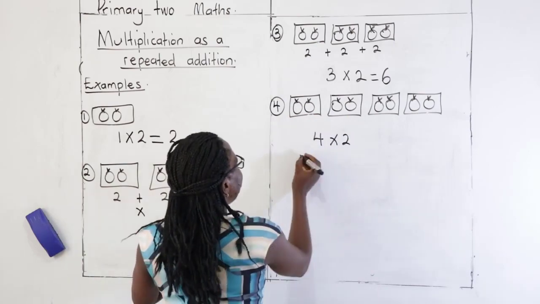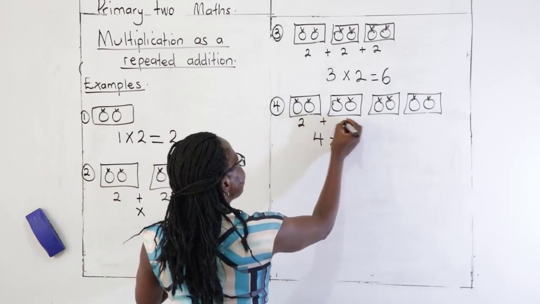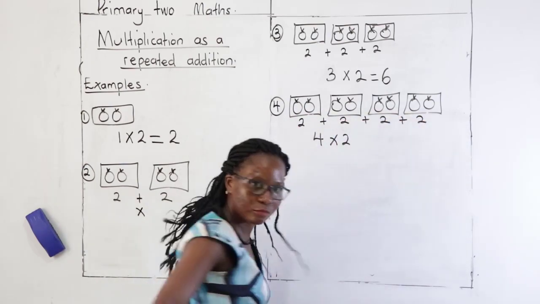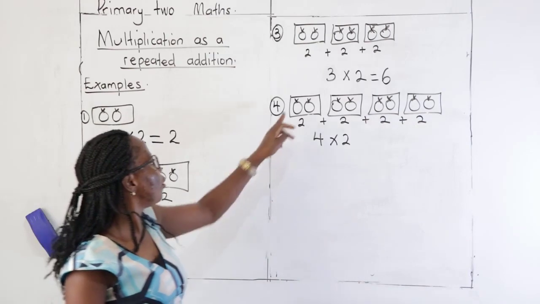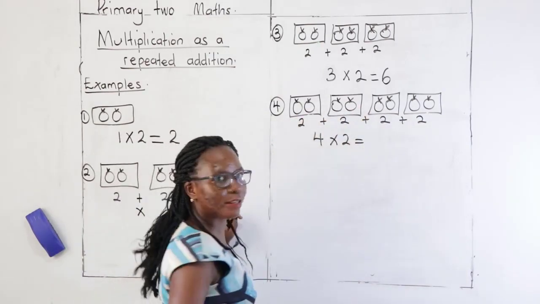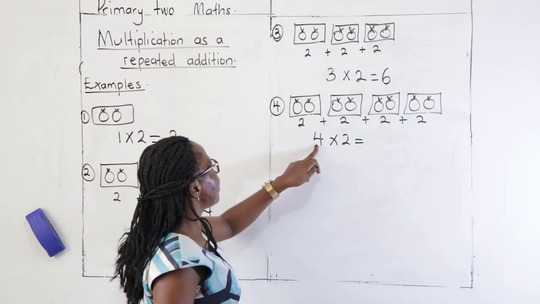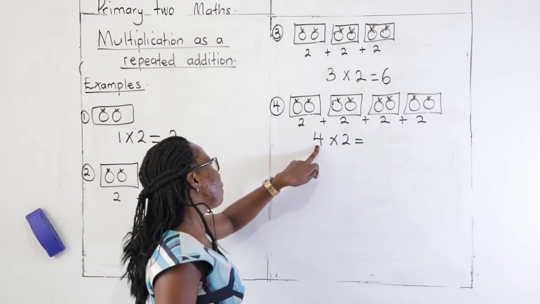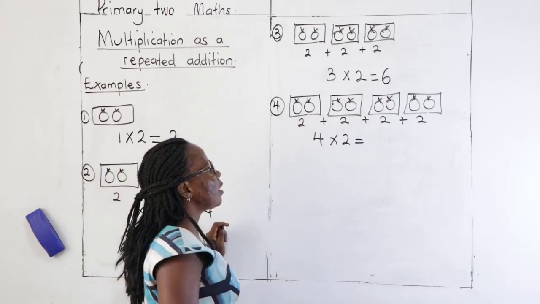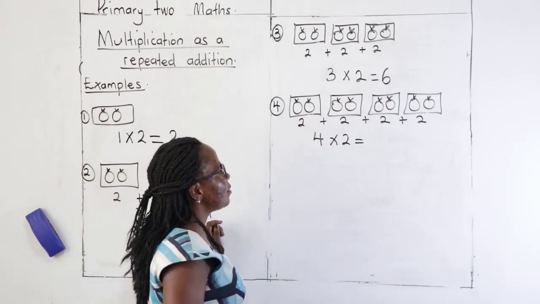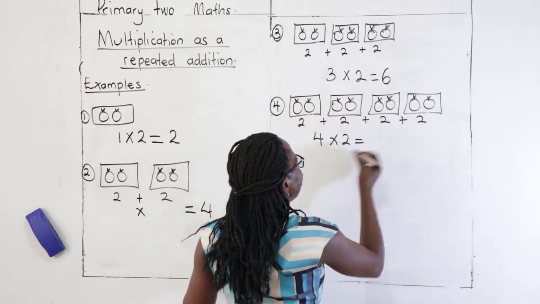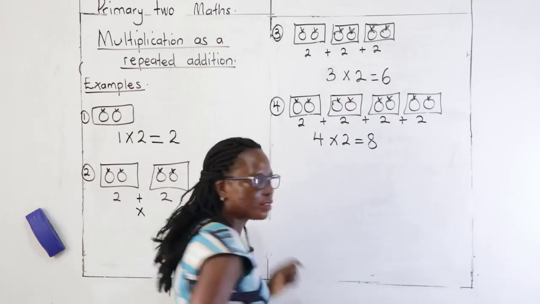Or I can say 2 plus 2 plus 2 plus 2. I will add all those apples and see if I will get the same answer. So these are 4 groups times the 2 apples. How many apples? Let's count: 1, 2, 3, 4, 5, 6, 7, 8. So the answer is 8.